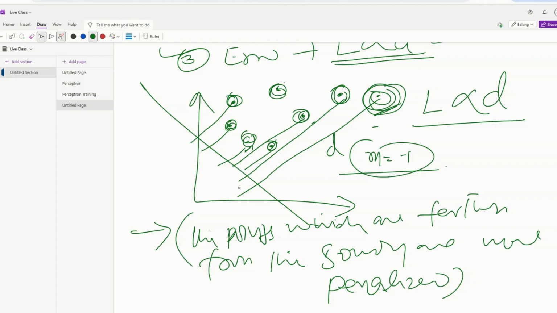Its derivative is always constant, so the change in the weight and bias will be almost constant.